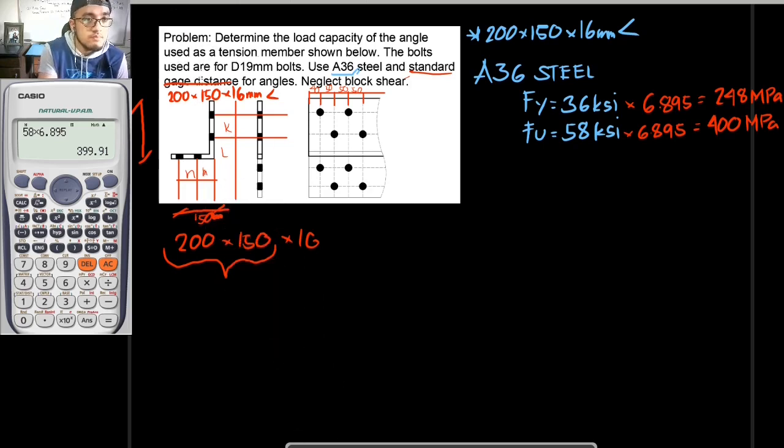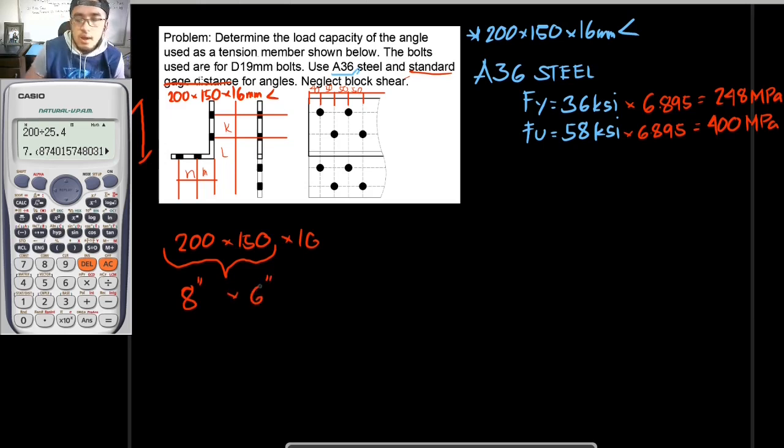Okay, so let us convert first. Divide this by 25 or 25.4. So 200 divided by 25.4 is approximately equal to 7.8. Actually, what we would use here for 200 mm would be 8 inches, and for 150 mm, that is 6 inches.